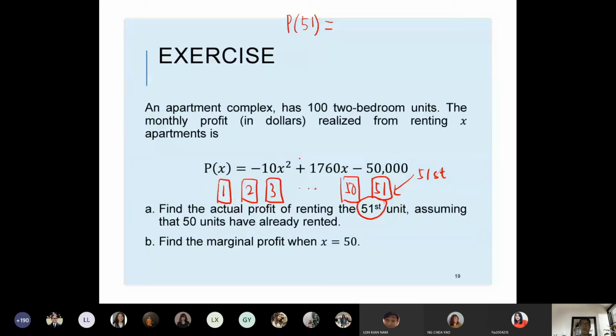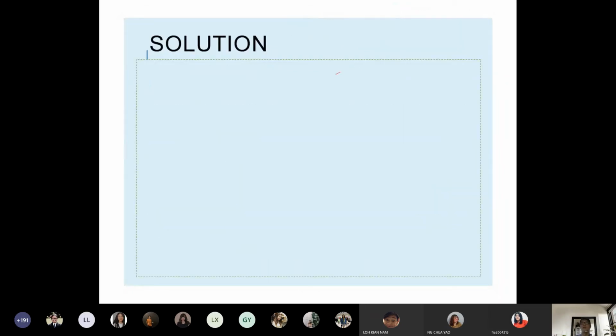Okay, so we have negative 10, 51 unit, square, plus 1760 times 51, minus 50,000. So what do we get?